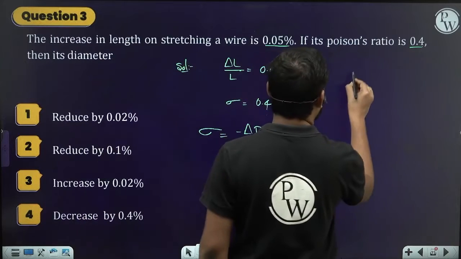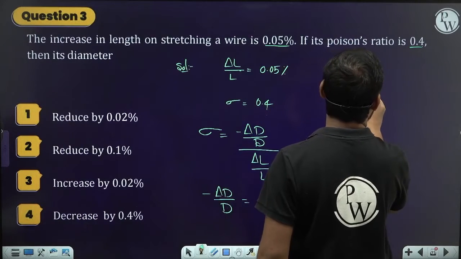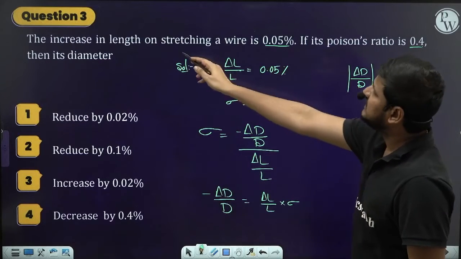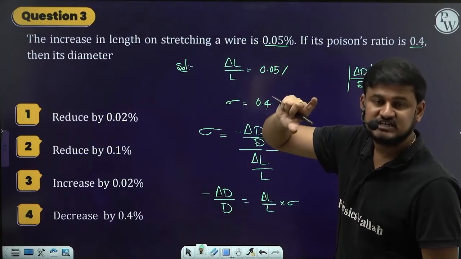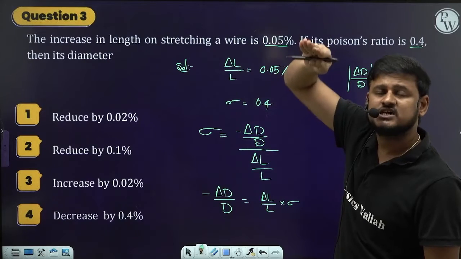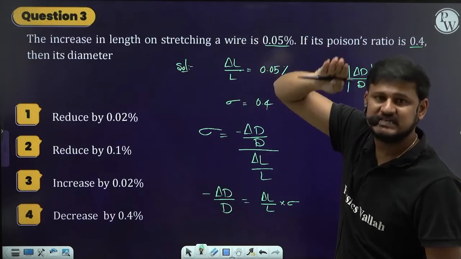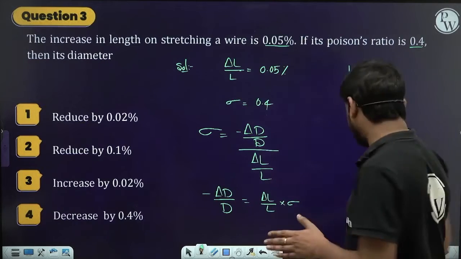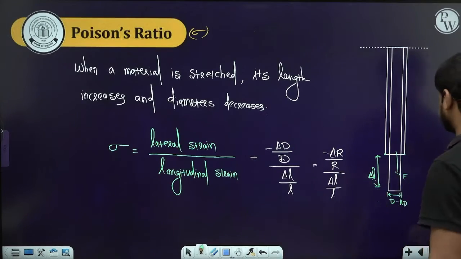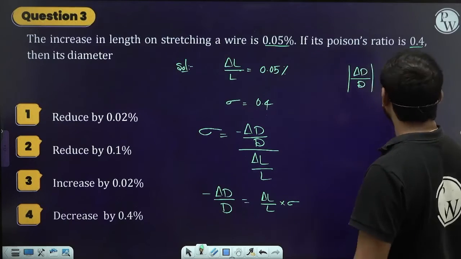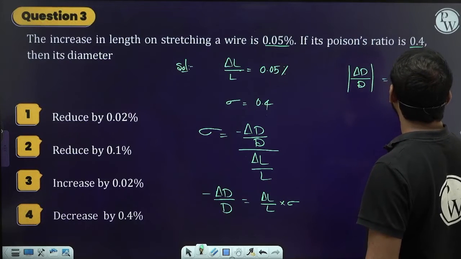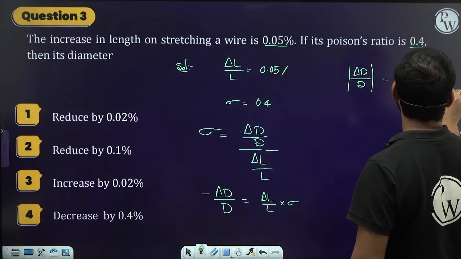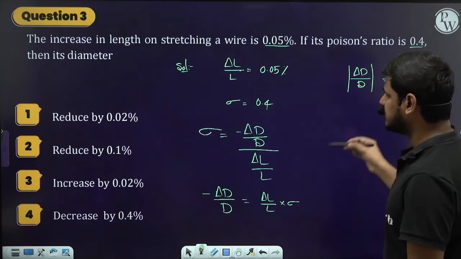Let me take the magnitude. However, it decreases because it is stretched, not compressed. If it is compressed, its diameter will increase. But it is stretched, so obviously the length increases and the diameter decreases. How much does it decrease? Delta L by L, 0.05%, into the Poisson's ratio, which is 0.4.